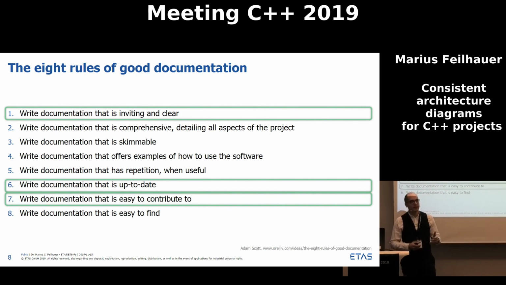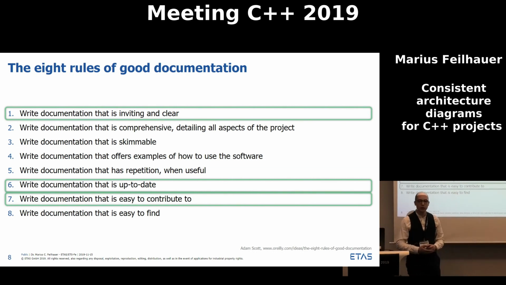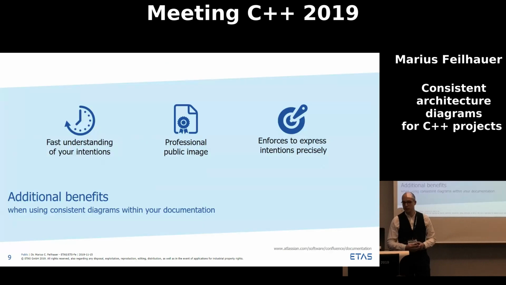So inviting and clear: I think diagrams provide a clear intuition, they're easy to read. Being up to date, that's an issue. We'll see how to address this. And easy to contribute to: if you include diagrams, no matter who's contributing to the documentation itself, it should also be possible to contribute to the diagrams.